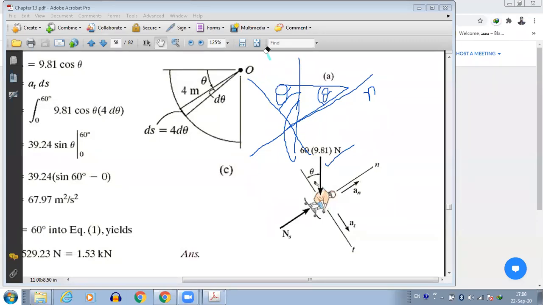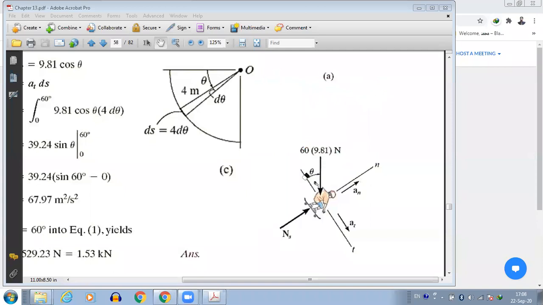Okay, so let's see the free body diagram. Here we have the tangential direction, which should be the direction of motion of our skateboarder. Obviously the track is like this, so this will be the normal direction.